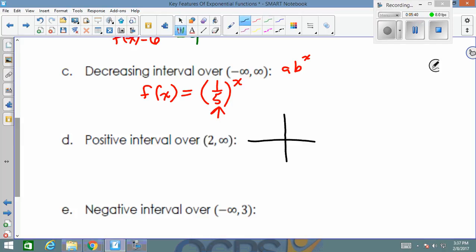Alright, so on this one, we need a positive interval over 2. So let's just take a positive increasing function graph. Let's just say it's 2 to the x to be fair. This point here is at 0, 1. I need to move that point to 2, 0.